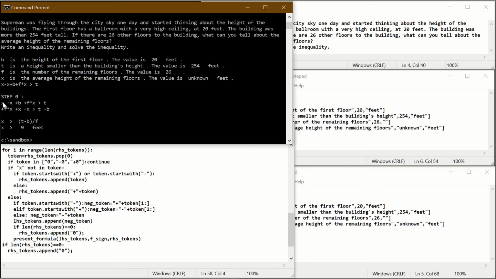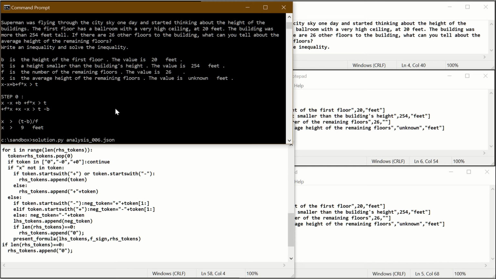Okay, so we have here 3 tokens on the left hand side that have x: minus x plus b plus f times x larger than t, and I have here all tokens with x on one side, all tokens without x on the other side. So this passed as well.